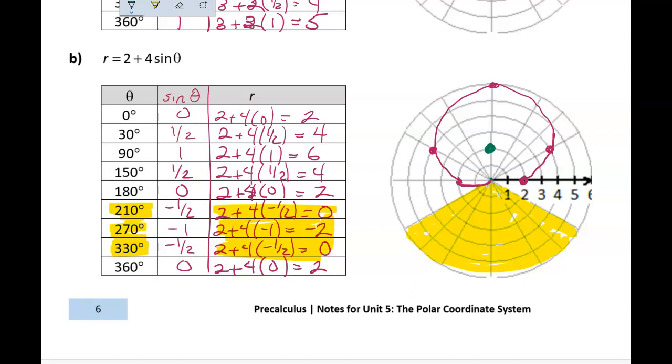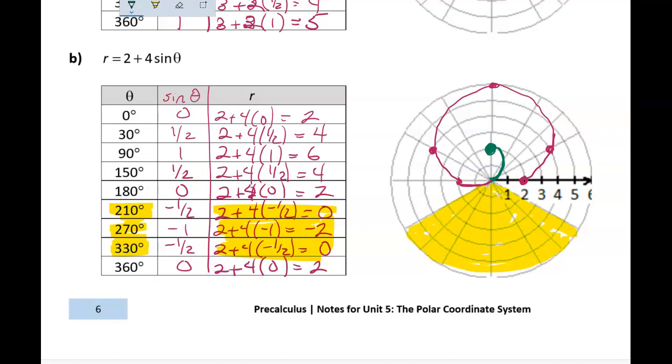Well, here's the dot that I just drew in green, that's a radius of -2 at 270 degrees, which looks like it's on the 90-degree spoke. So what's happening here? The angles are in the third quadrant, but the radius is negative, which means the points are actually showing up in the first quadrant.